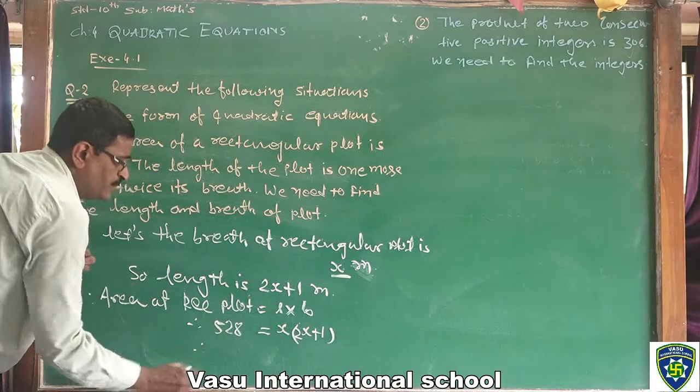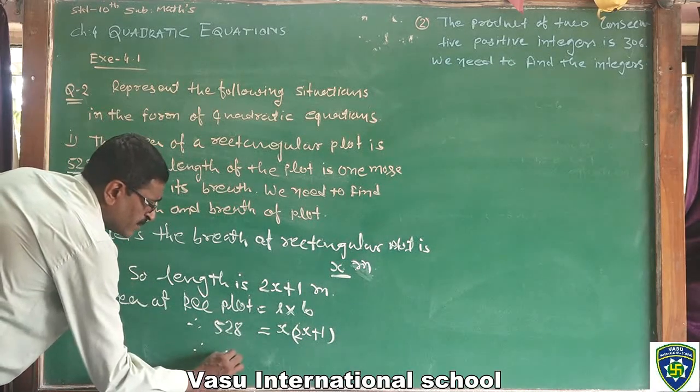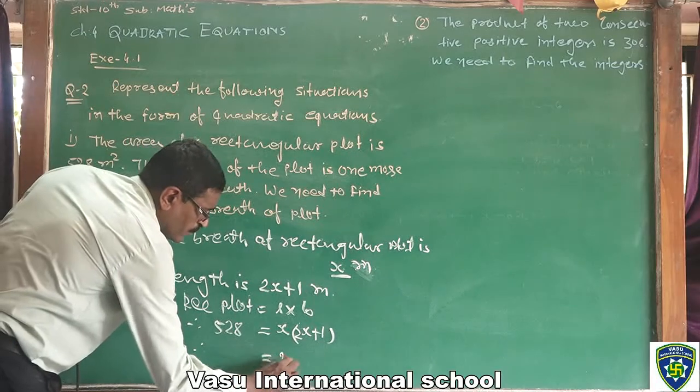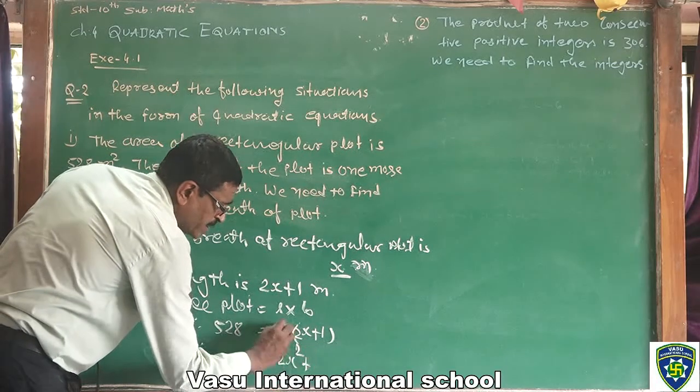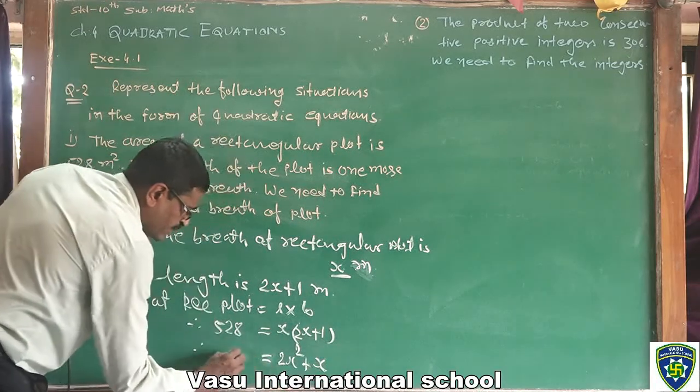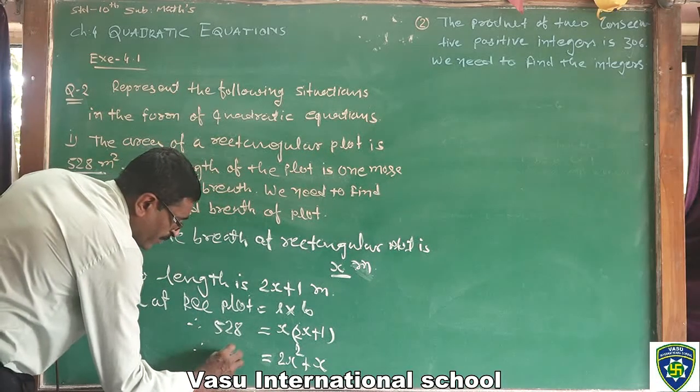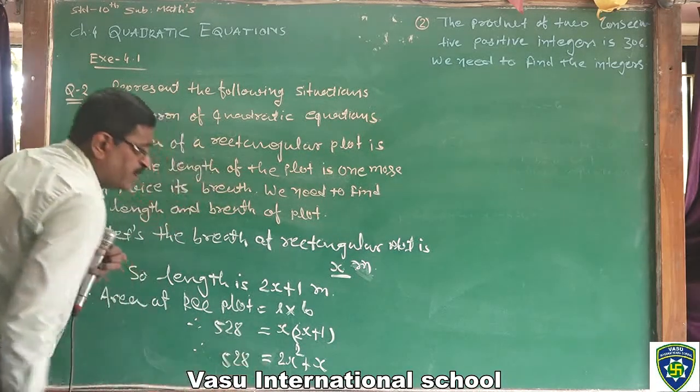So, x into 2x square plus x into 1, x is equal to 528.